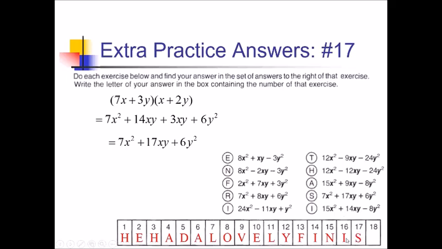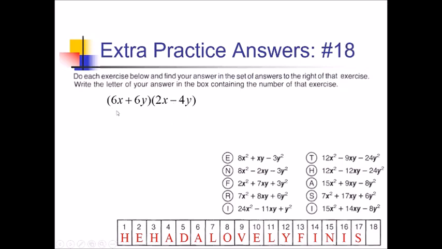And I'm pretty sure I know what that last word is, but let's just do that last problem for the sake of doing it. So for this one, we're going to do 6x times 2x to get 12x squared. And then 6x and negative 4y multiplies to negative 24xy. 6y and 2x, that multiplies for 12xy. And then 6y times negative 4y, that's negative 24y squared.